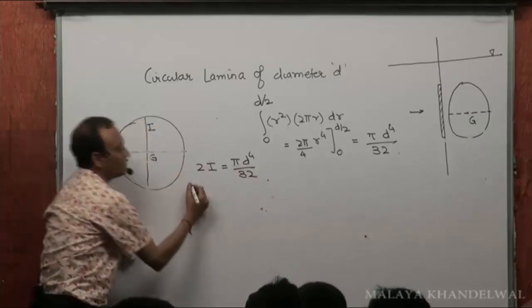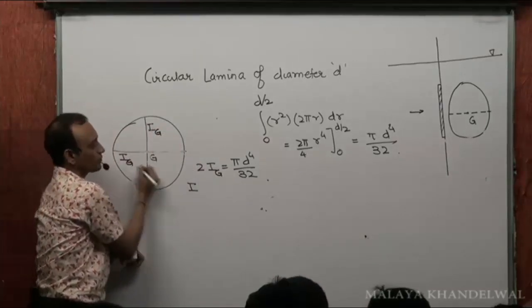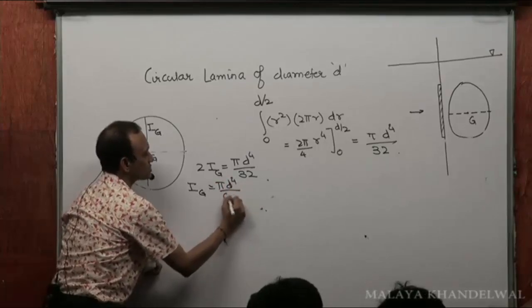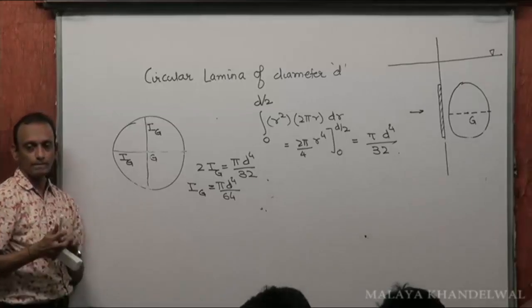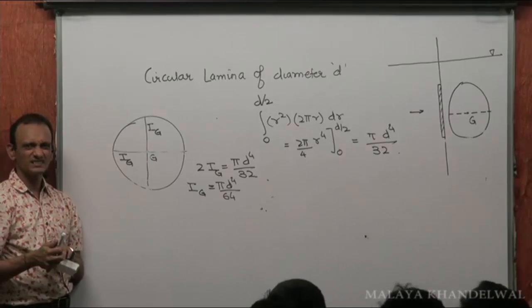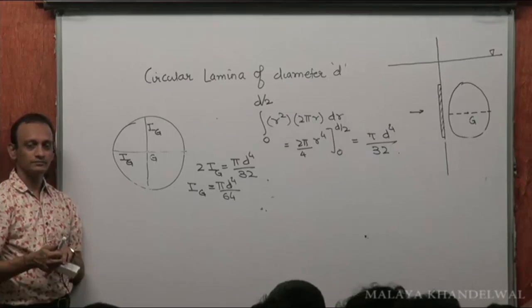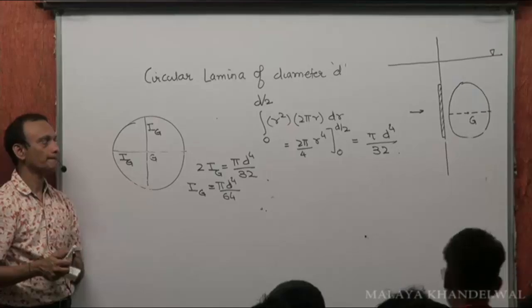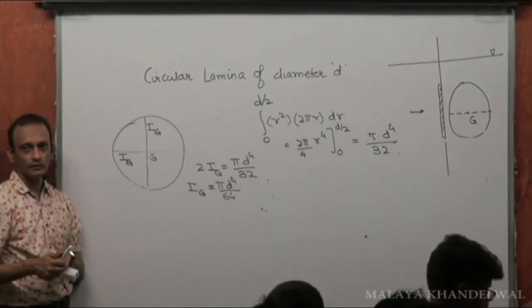So I about a diameter passing through G is pi D to the power 4 by 64, where D is the diameter, from the perpendicular axis theorem.